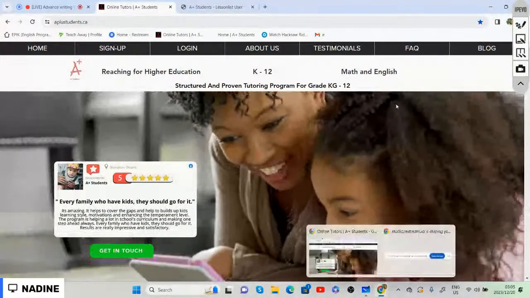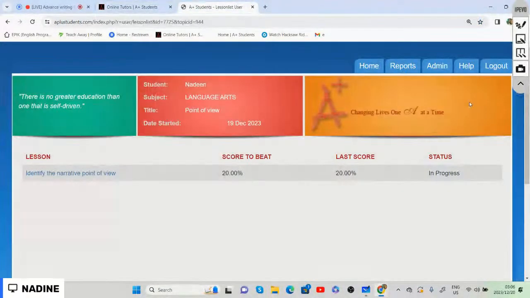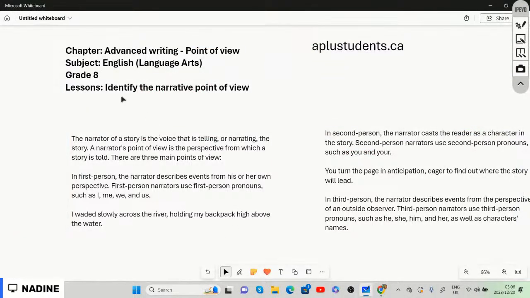And then scroll down until we get to grade 8 point of view. All right, so we're doing point of view.